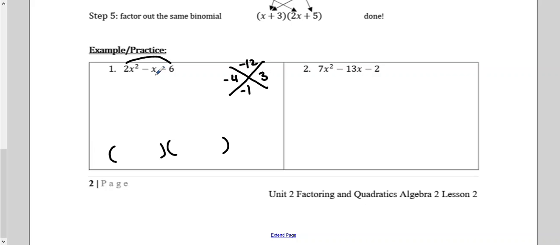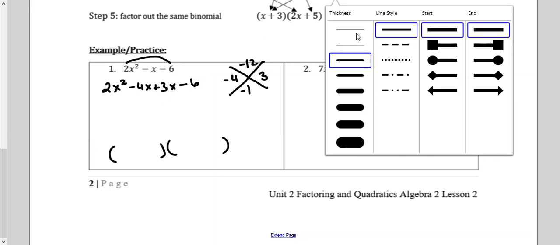Alright, so now, when we find these numbers, we can't just write them down. It doesn't work that way. When you have a number in the front, this makes it a little bit more challenging. So what I'm going to do here is rewrite this as 2x squared, minus 4x plus 3x minus 6. What did I just do?